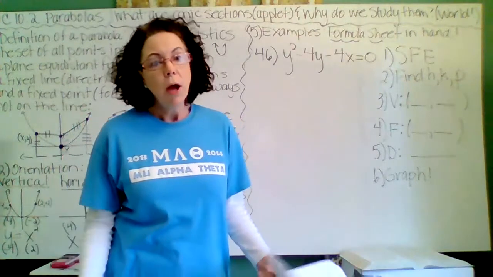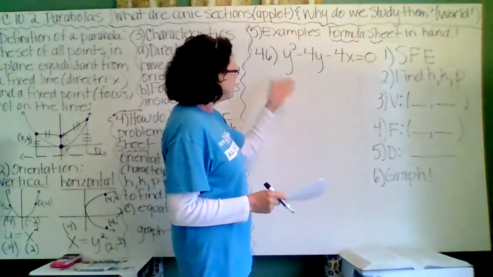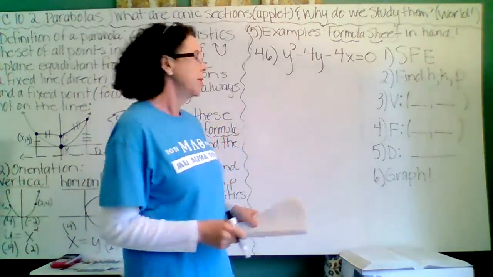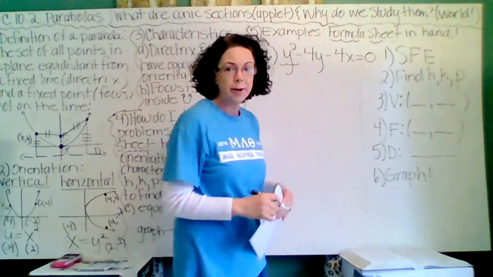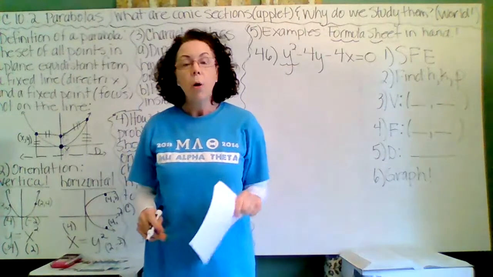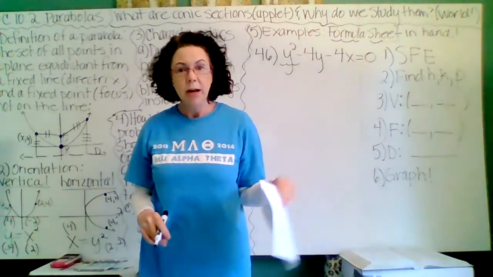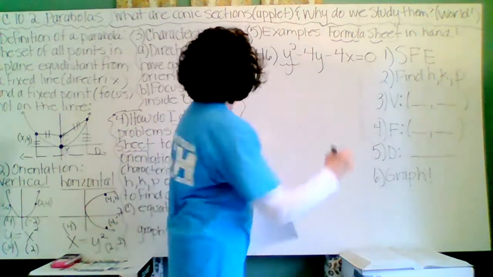A parabola has either the y being squared or the x being squared. Notice in our case that the y is being squared. I always need the orientation first, so I know what parabola equation I'm writing. That would be a horizontal orientation.